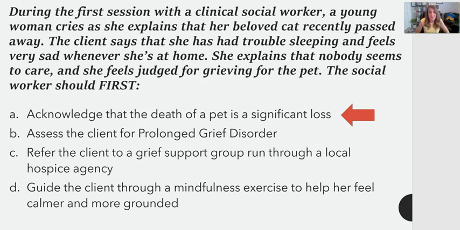I would say, if she's feeling that people are not understanding about the loss of a cat, that sending her to a support group of a hospice agency where people are likely grieving for people who have passed, it could actually set her up to be in a situation where, again, people may not be as understanding of that experience that she's having. And then guiding her through a mindfulness exercise to help her be calm and grounded.